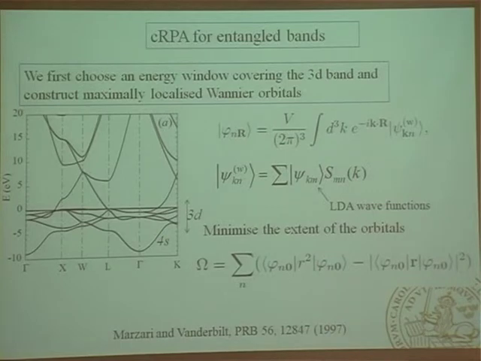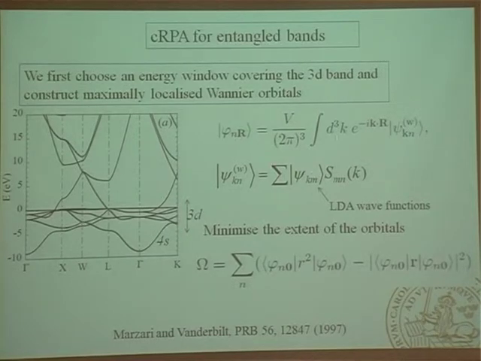So what we do is we first construct. So this is what you're asking. So we first choose some energy window covering the 3D band. So some reasonable choice of energy window. And then we construct maximally localized Wannier functions from the bands within that energy window.